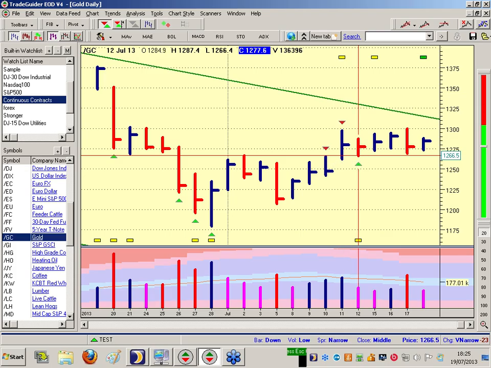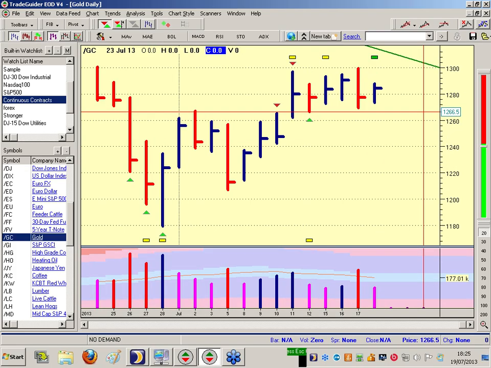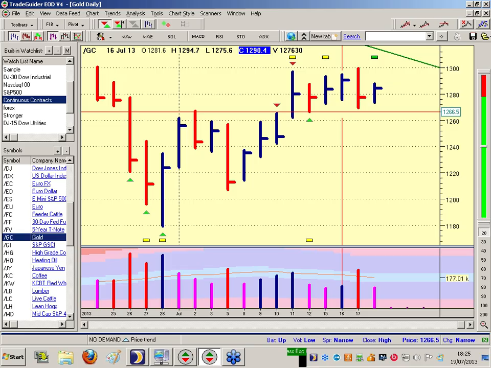And again, it's a successful test. And they're testing that red arrow, look. And that's why it still looks buoyant. To stop that gold, you're going to have to see very high volume and up bars.